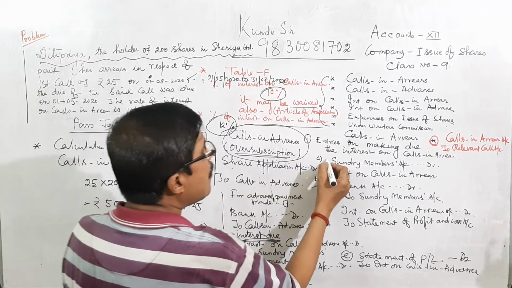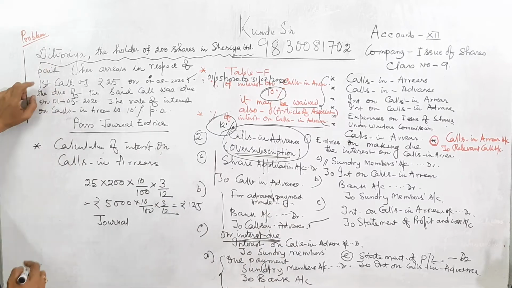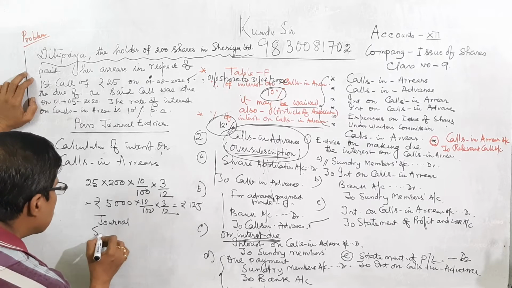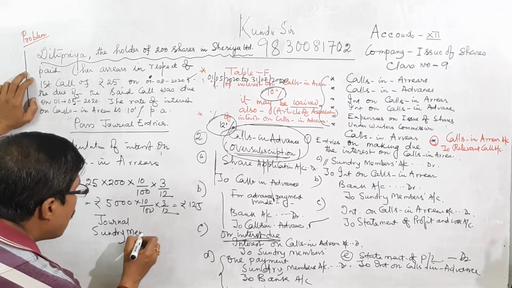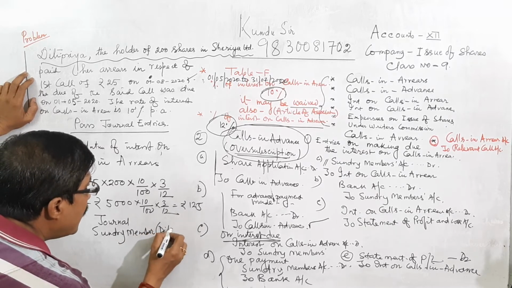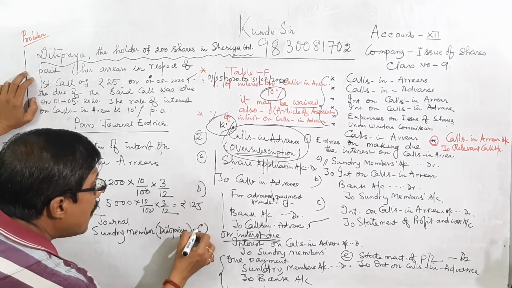The sundry members, that is the shareholder Ditipriya. Ditipriya means sundry members. Now sundry members is Ditipriya, shareholder, account debit.